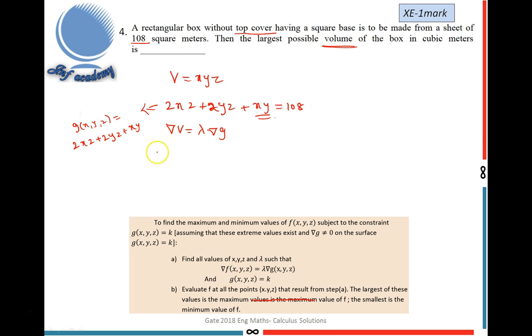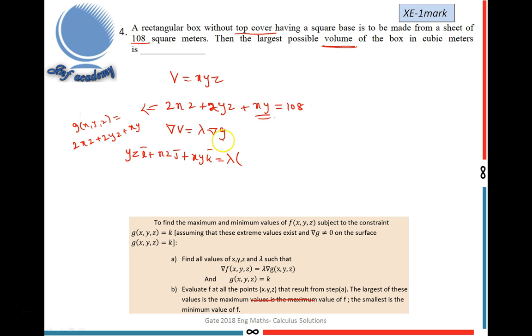So del v equal to lambda del g gives first del v, that is dou v by dou x i vector, yz i vector, plus dou v by dou y j vector, that is xz j vector, plus dou v by dou z k vector, xy k vector. This is del v. Next, lambda into del g. What is the value of del g?